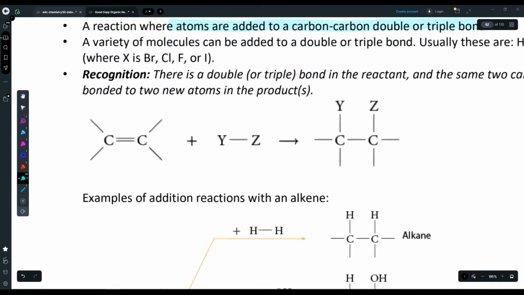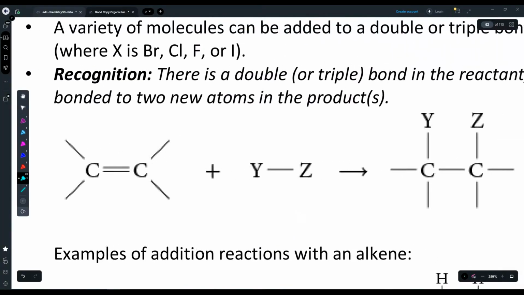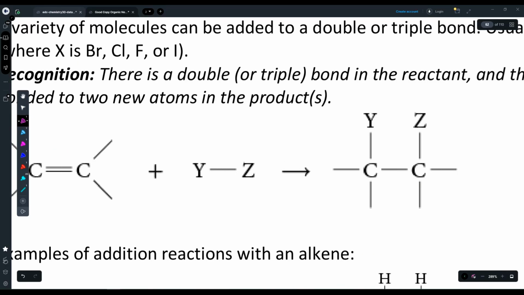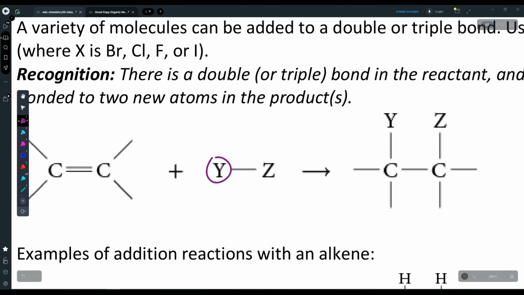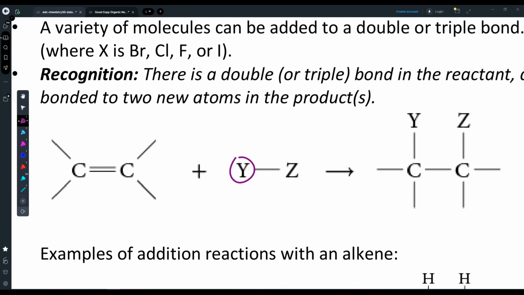As our example here, we have some hydrocarbon with a double bond in it, and the other reactant is this imaginary substance where Y is bonded to Z. Essentially, one atom in the second reagent gets added to one side of the double bond and the other atom gets added to the other side of the double bond in your hydrocarbon.